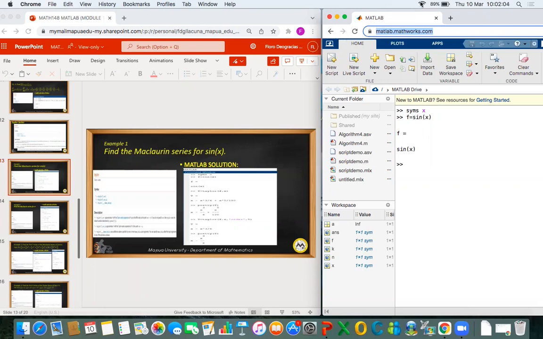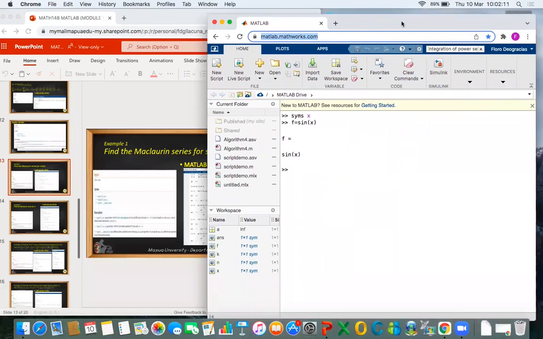So you just type what you're looking for. Let's say the syntax for tangent function.